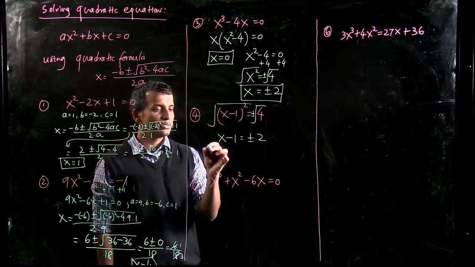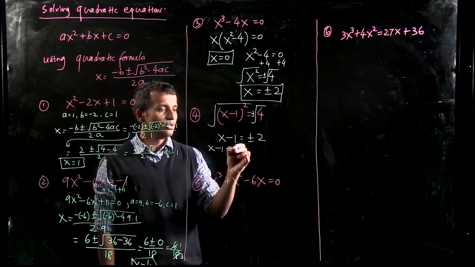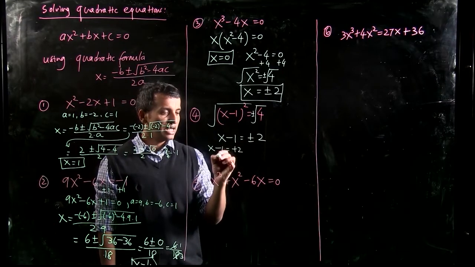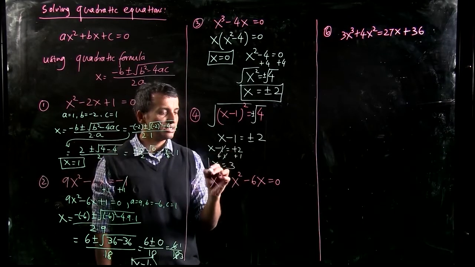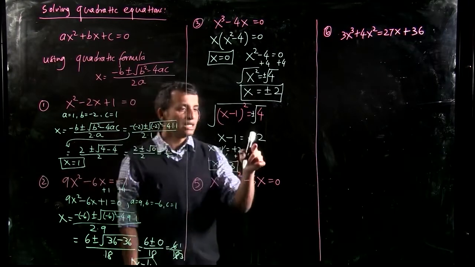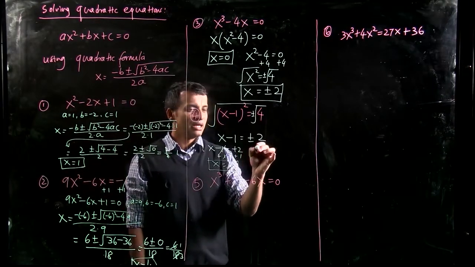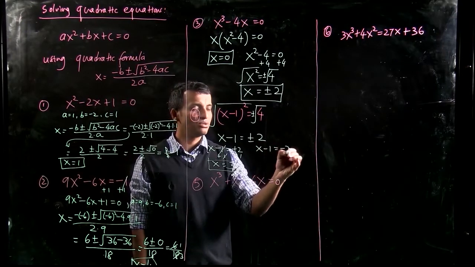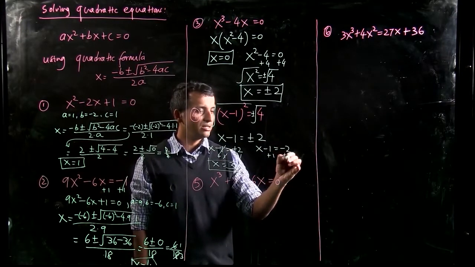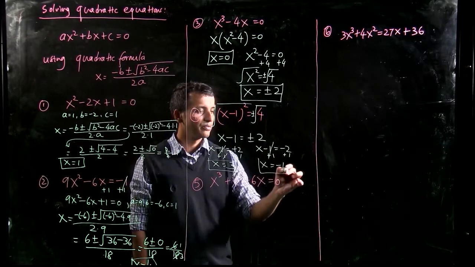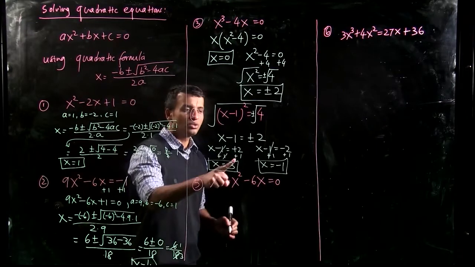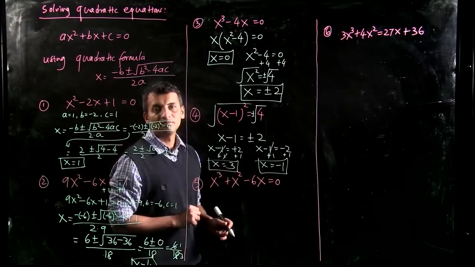If you take the plus sign, x minus 1 equals 2, then add 1, and you get x equals 3. If you take the minus sign, x minus 1 equals negative 2. Add 1 on both sides, so x equals negative 1.